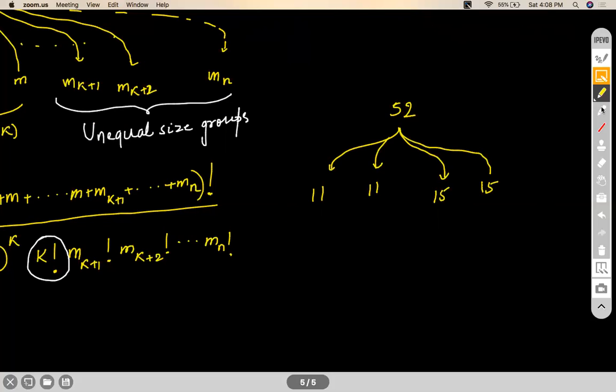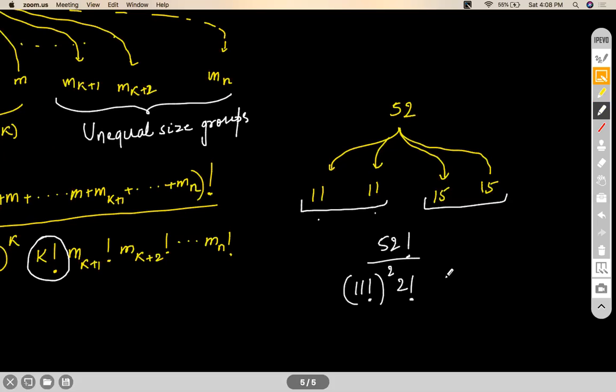How many ways can you split this up? You can see 2 groups here are identical, and 2 groups here are identical. So the answer would be 52 factorial by 11 factorial squared and 2 factorial, because these two had an equal number of items, and 15 factorial squared and again 2 factorial, because these two had an equal number of items. Are you getting my point?